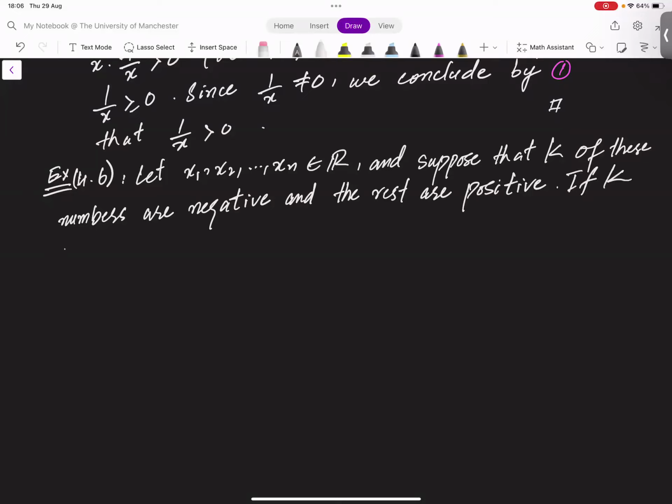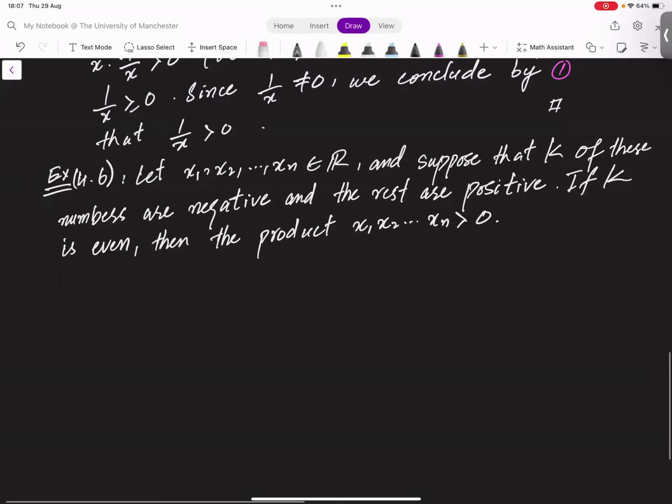If k is even, then the product x1 x2 up to xn is greater than 0. And if k is odd, then the product is less than 0.